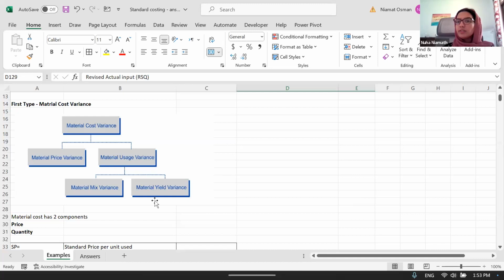And what is yield variance? SQ minus RSQ into SP. Perfect, Neetu. How about the others?